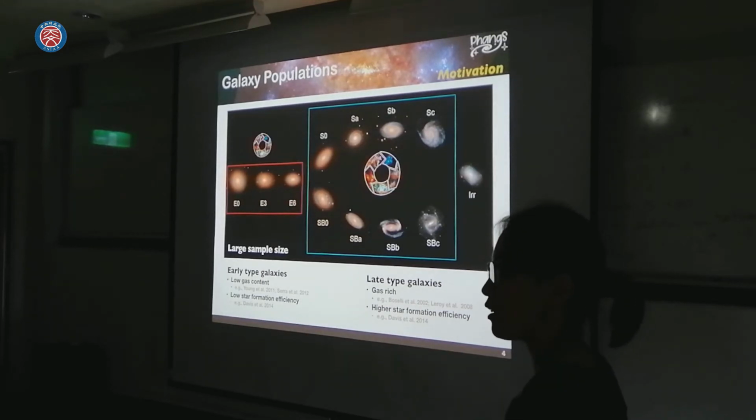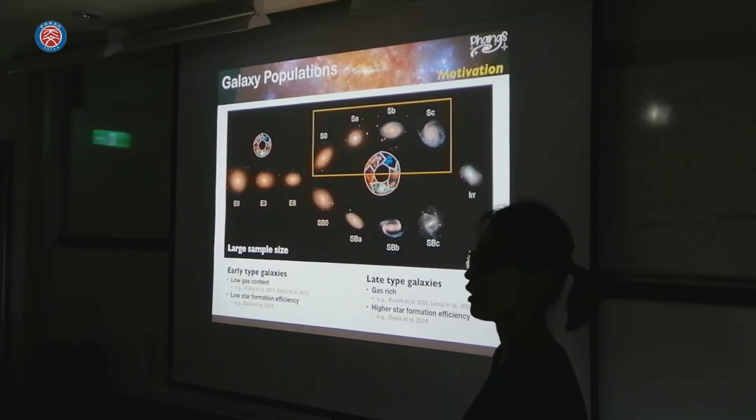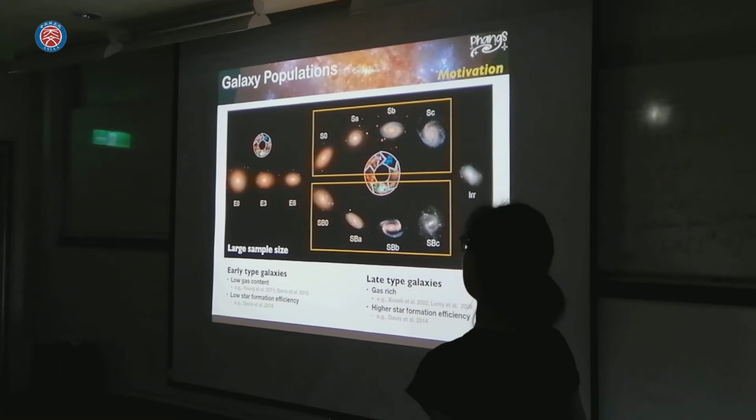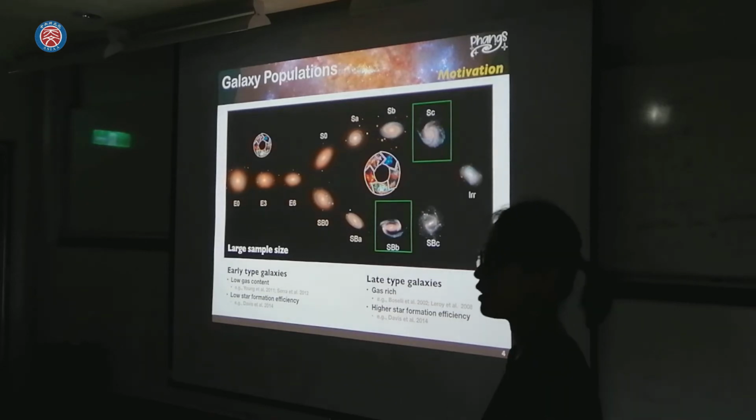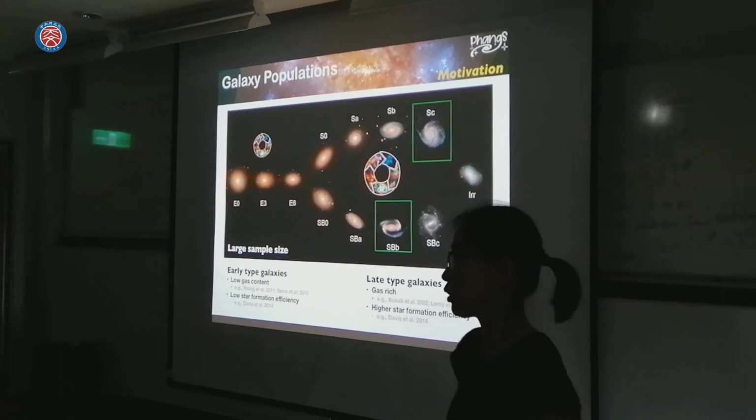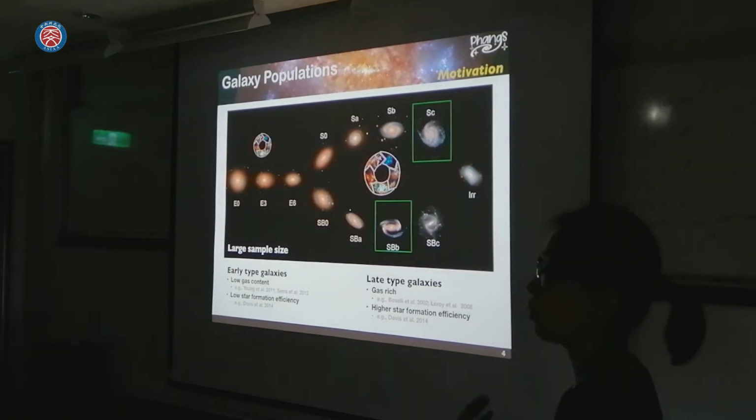Late type galaxies can be further classified into non-barred and barred galaxies, and their spiral arms can be classified into grand design two-arm spirals or flocculent spirals. These bars, spirals and other galactic structures may also dynamically affect the star formation process in galaxies.